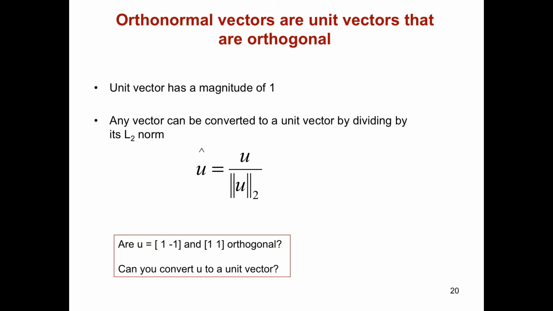You do 1 over the L2 norm of that vector. What is the L2 norm of 1, minus 1? So 1 over root 2 and minus 1 over root 2. All right?